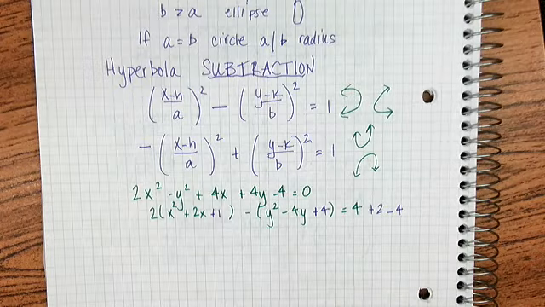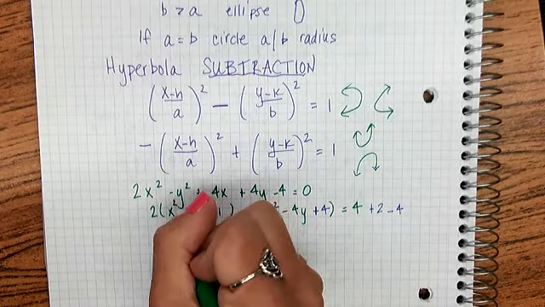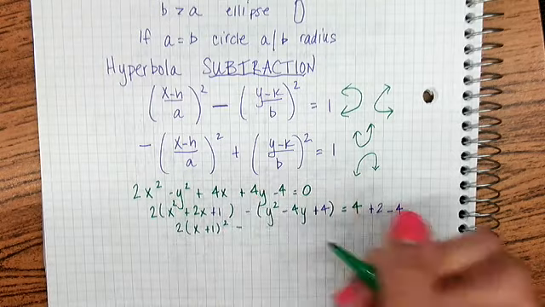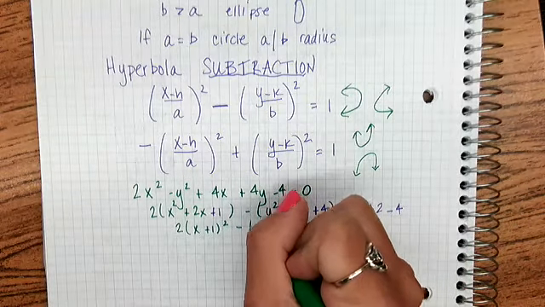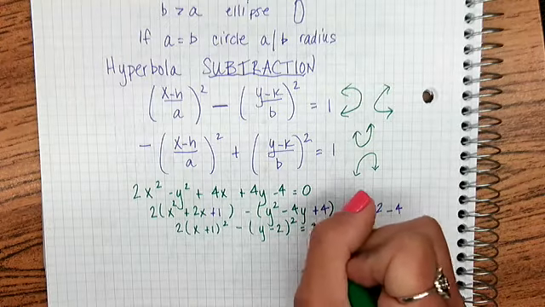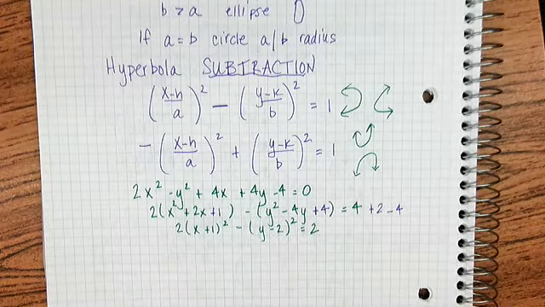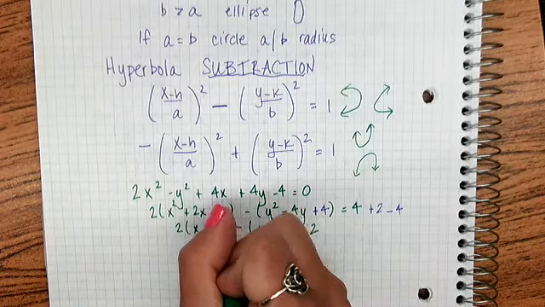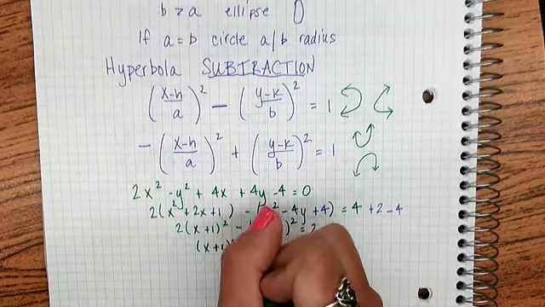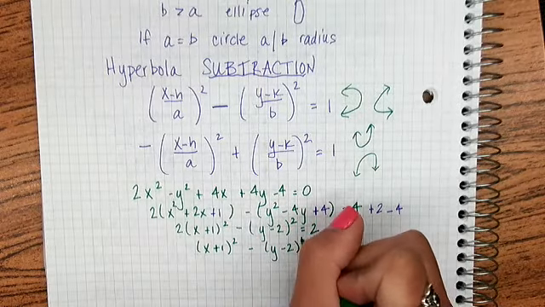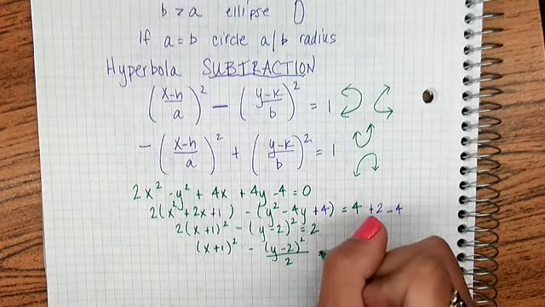All right, so this is 2(x plus 1) squared minus the quantity (y minus 2) squared is equal to 2. This 2 is icky, but I'm going to divide everything by 2, and this is going to give me (x plus 1) squared minus (y minus 2) squared over 2 is equal to 1.